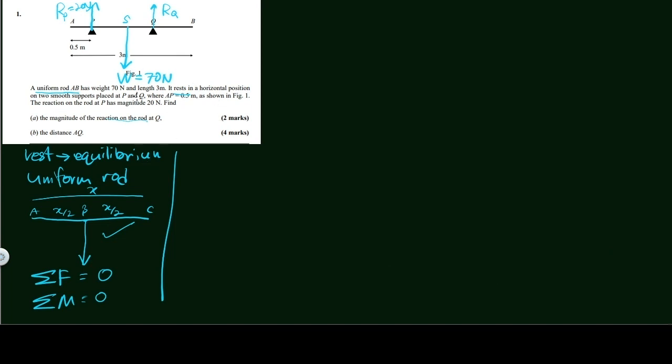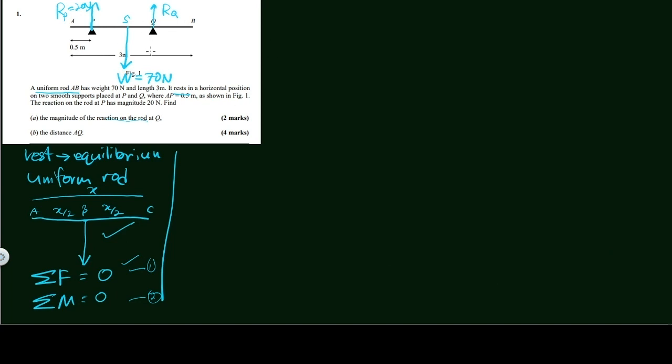Since the system is at rest, we can apply either total moment or total forces in any direction. The easiest way is to deal with this first rule first: the summation of forces in any direction is equal to 0.